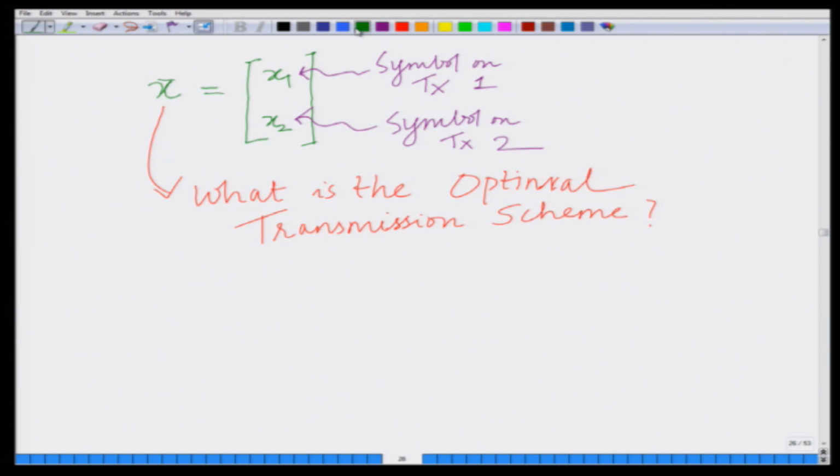So, let us start with the transmit symbol x.